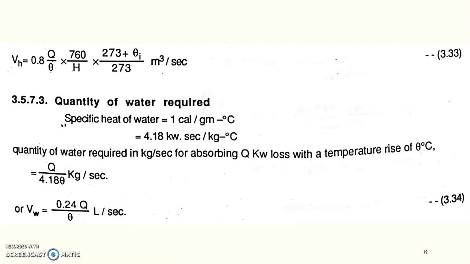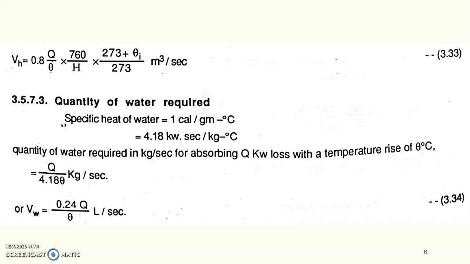So let's see quantity of water required. The specific heat of water is 1 calorie, that is 4.18 kilowatt second per kg degree Celsius. So directly we can calculate the quantity of water required for a loss of Q kilowatt and a temperature rise of theta degree Celsius: Q upon 4.18 theta kg per second.